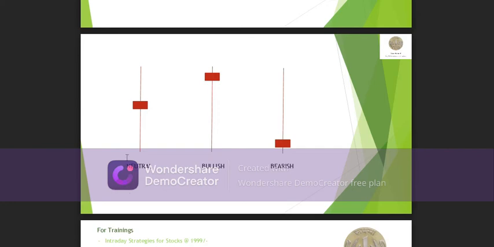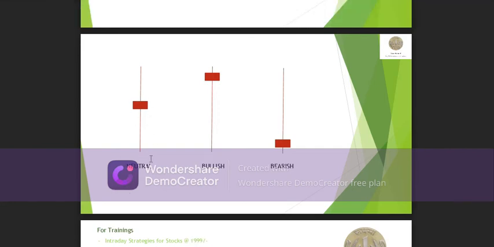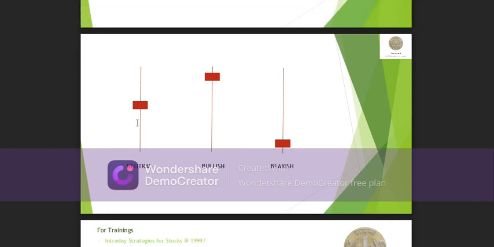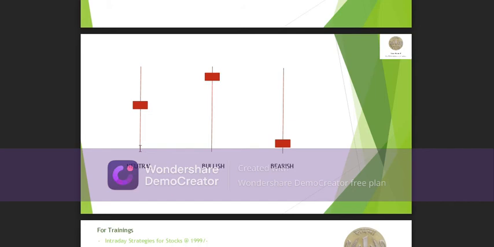Although this candle is red in color, it is neutral in range. Because the sellers are bringing this stock to this low, but the buyers came in and said no, we don't want this stock to fall, because they bought this stock and they don't want the price to go as low as possible, because they will be in loss.